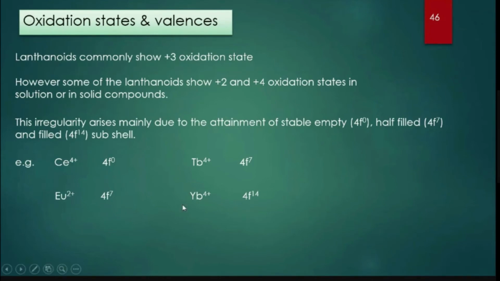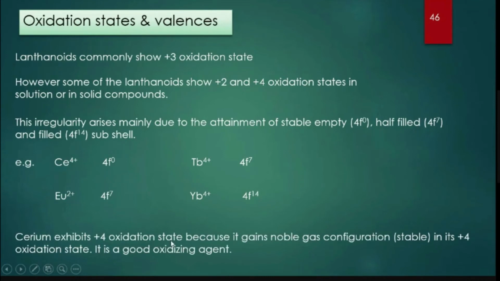Similarly, europium in its +2 oxidation state is stable because of having a half-filled 4f orbital. And lastly, ytterbium in its +2 oxidation state is very stable because of having a completely filled 4f orbital. Cerium further exhibits +4 oxidation state because not only does it have an empty 4f orbital, it also gains noble gas electronic configuration.